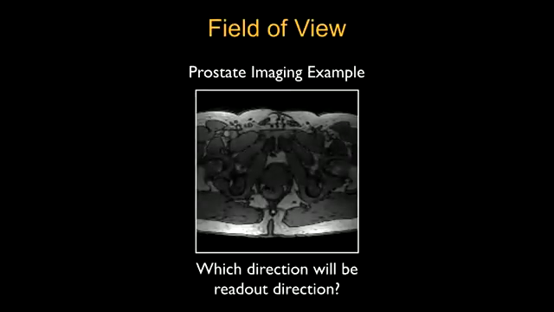So which direction will be the x direction? Horizontal. Yeah, so left, right? Yeah, that's the x direction, because we can clearly see that we cut off here, but there is no aliasing on it, right? If this were your phase encoding direction or the y direction, then you would see some folding over artifact, because the object is clearly bigger than the field of view.